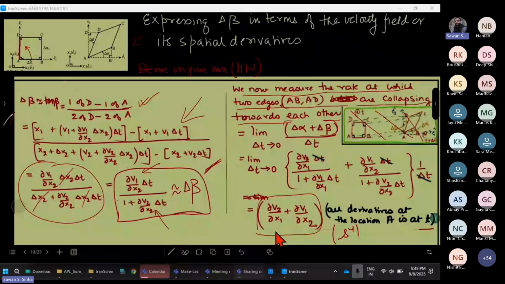Del v2 del x1 plus del v1 del x2. So the mathematical answer to this long sentence that I put here is this. This tells me how fast they are approaching or falling on top of each other.